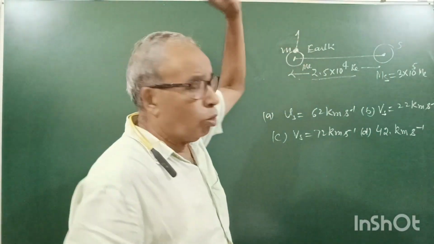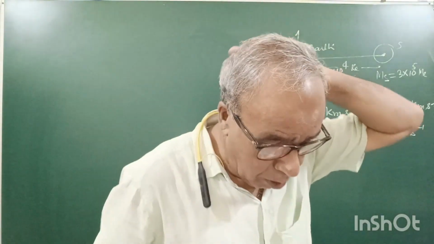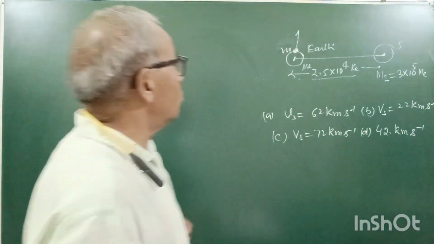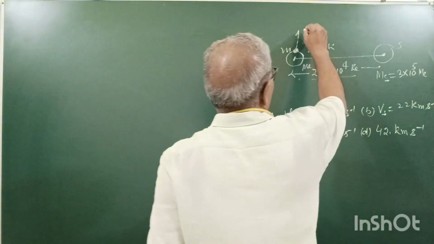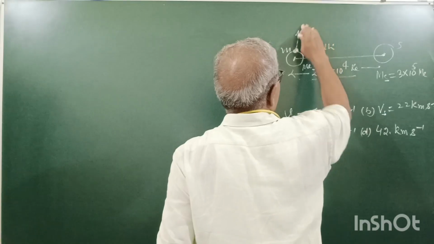We have to throw a particle or rocket just to go beyond the pull of Sun and Earth. So what should be the minimum speed?